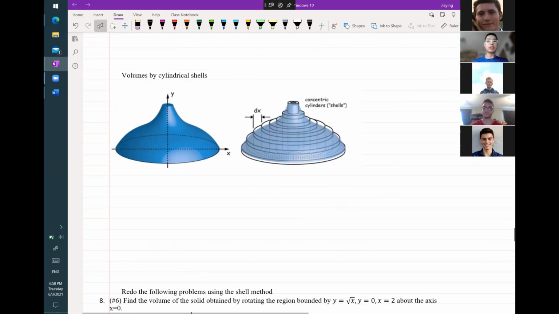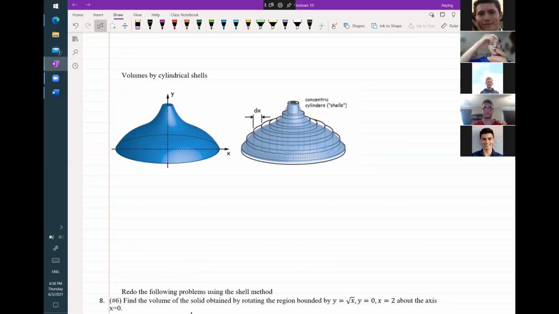But the next part is called the shell method. It's just like this drawing I have here. If you want to estimate the volume, you take the solid and imagine a lot of different shells, like cylinders with a small thickness.